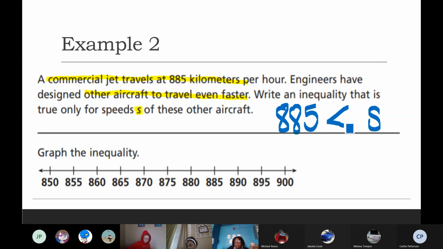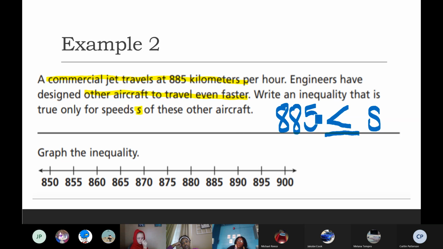Let's talk about why. If I can go faster than a jet, I'm going to be greater than 885 kilometers. Let me say that again. If I can go faster than the jet, I'm going to go higher than 885.